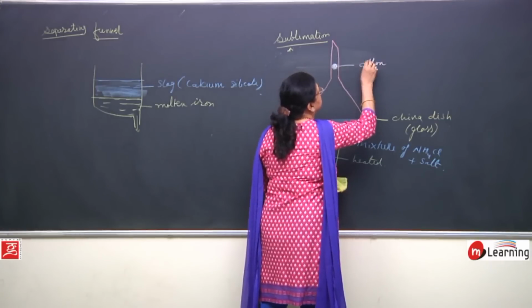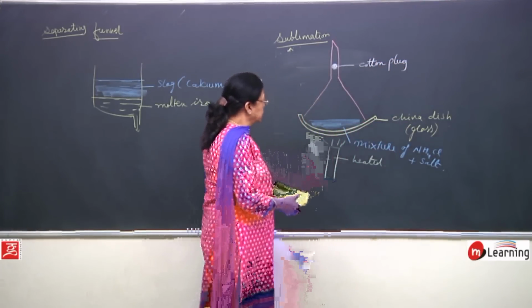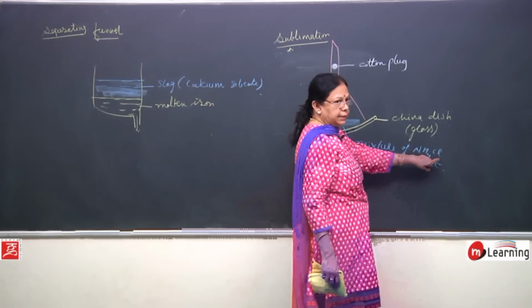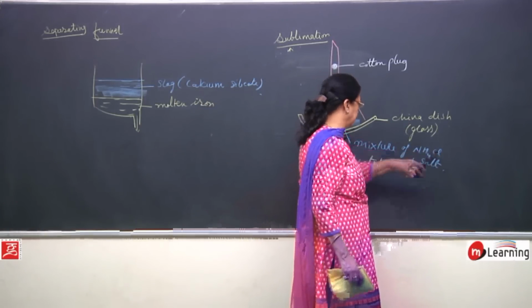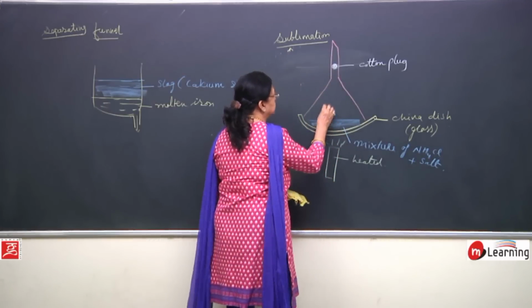This is a piece of cotton, right. So, what happens when this mixture is heated? Ammonium chloride is a sublimate substance, it will sublime, and here the vapors will rise.